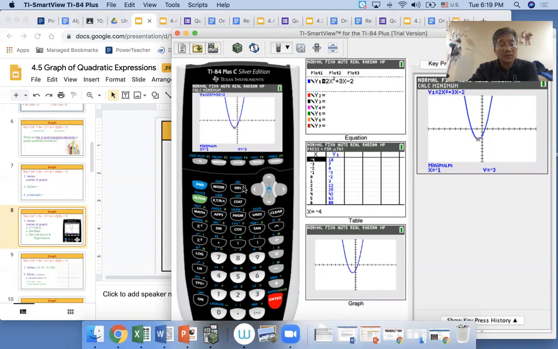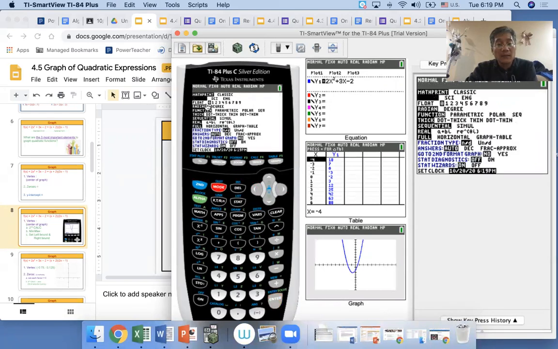If you enter, what does it say? The calculator gives you minimum is -1, y equal to -3, but I'm sorry about this calculator because I didn't set the mode properly, right? You need to go to the mode, go down to float, and set 2 decimal places.